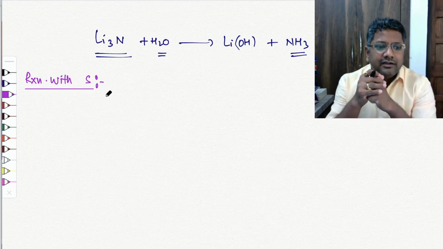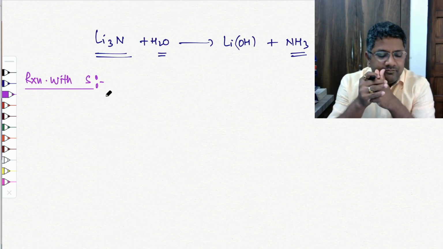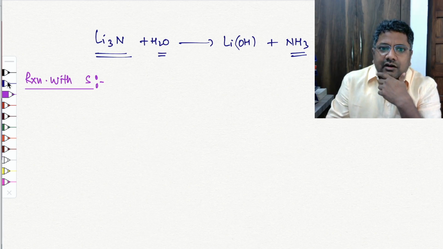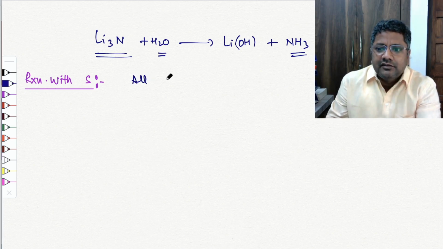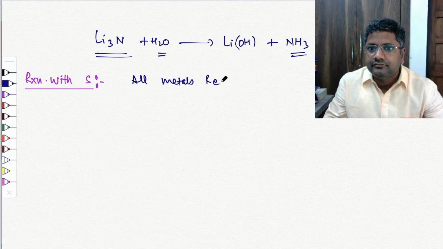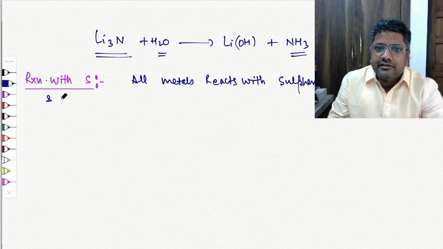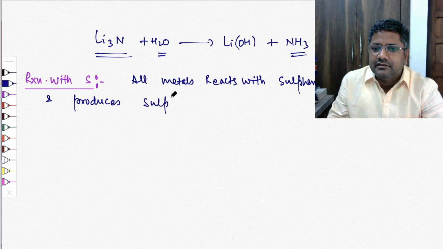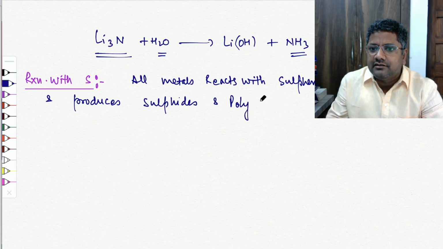So all metals react with sulfur to form sulfides and polysulfides also.